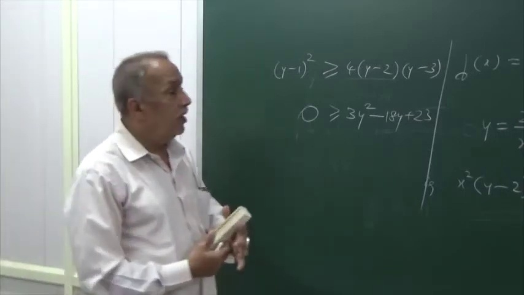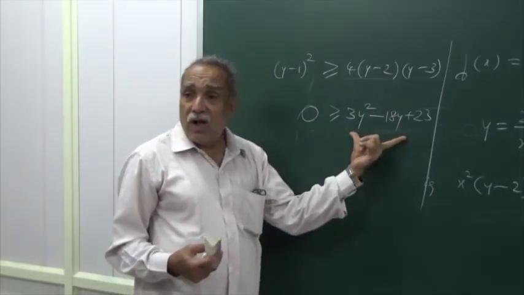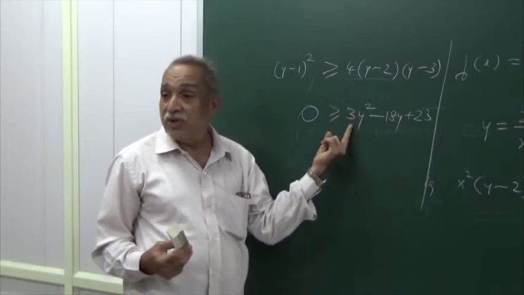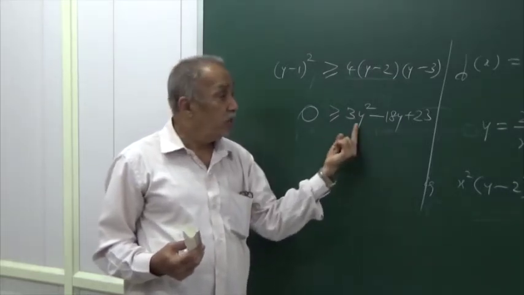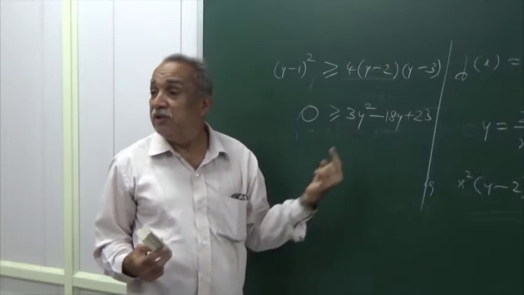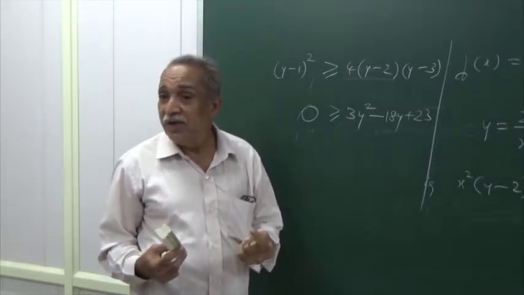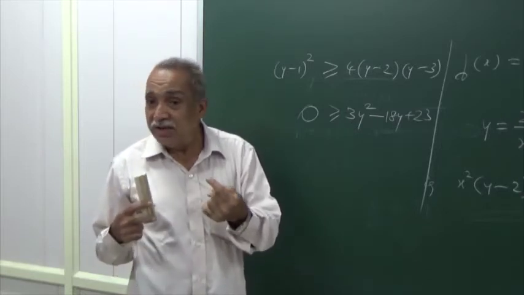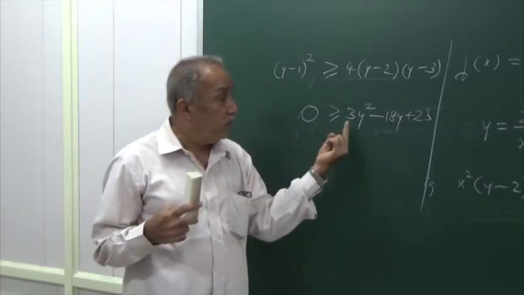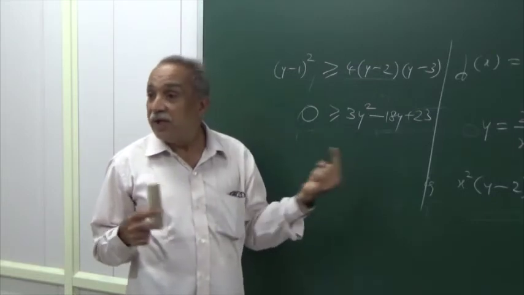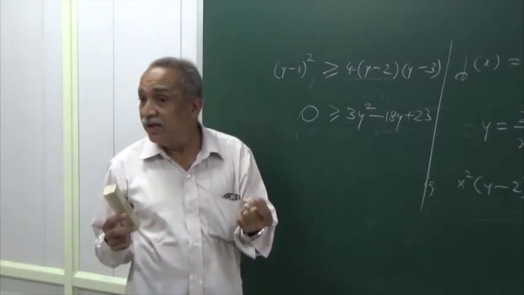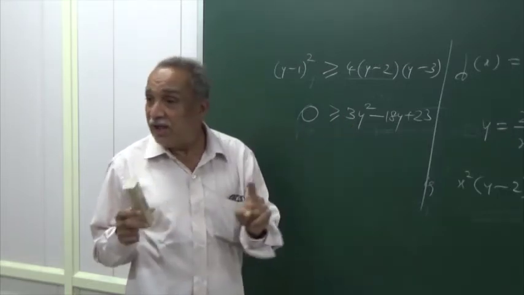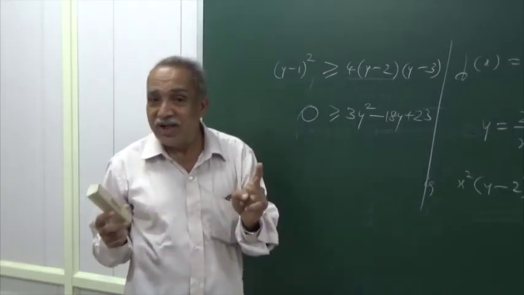Okay. Observe that this is a quadratic with y square coefficient positive. A quadratic with y square coefficient positive, when will it be negative? A quadratic with the leading coefficient positive becomes negative when the variable, in this case y, lies between or outside.